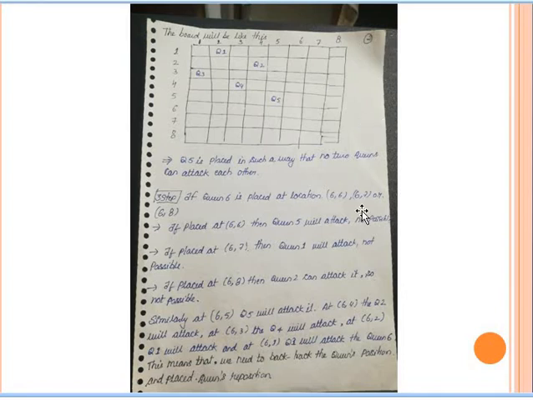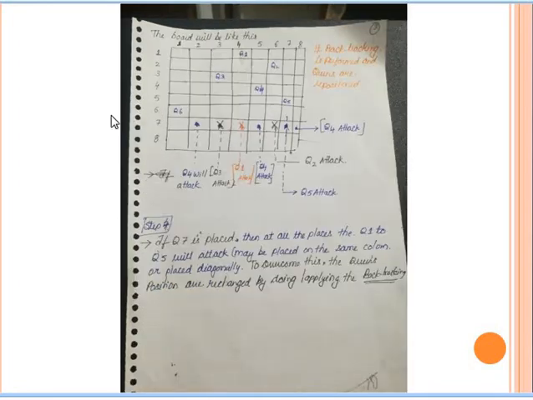So at that time we need to backtrack the queens' positions. In short, we are repositioning the queens. After repositioning, the board will look like this. Here the backtracking is performed and the queens are repositioned.